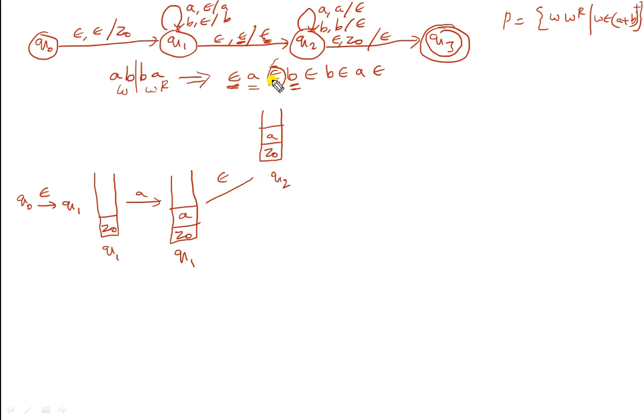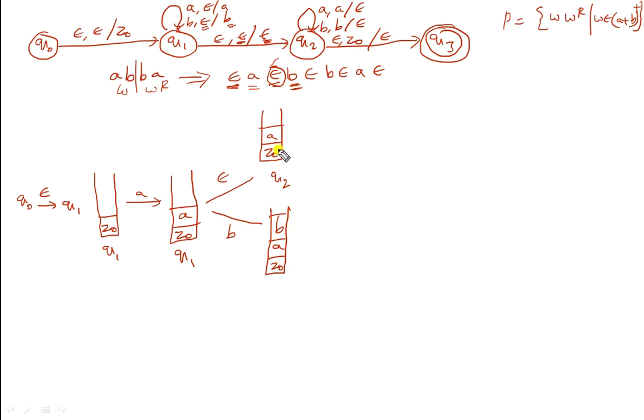Now assume that we are not considering the epsilon transition, then we need to consider the transition on symbol B, Q1 on B. So what is that? Pop nothing, push B. So now the status of the stack will be Z0 A, pop nothing and push B. Okay. So this is the state whenever we perform the transition on symbol B.